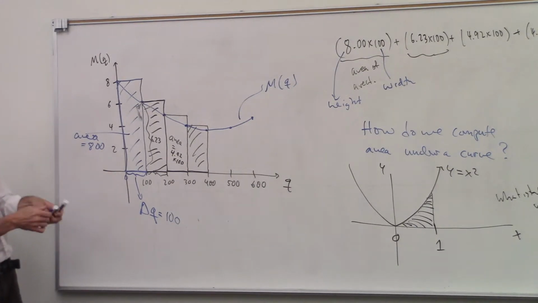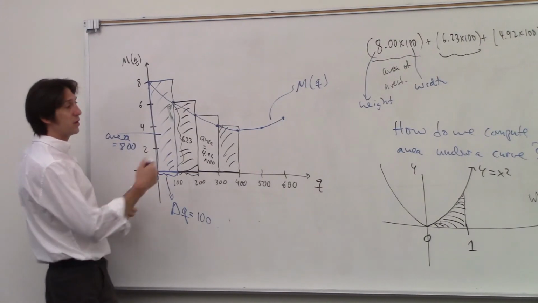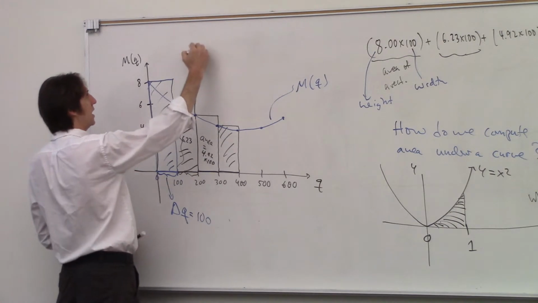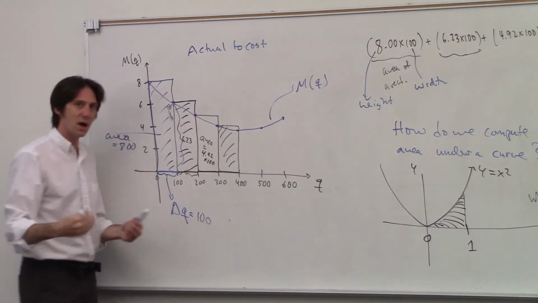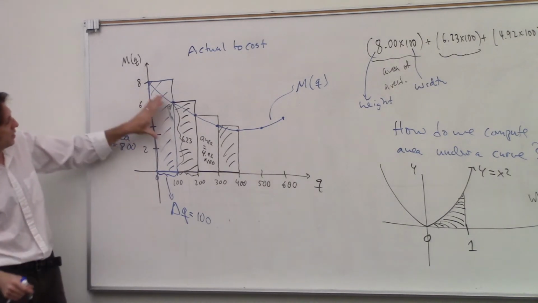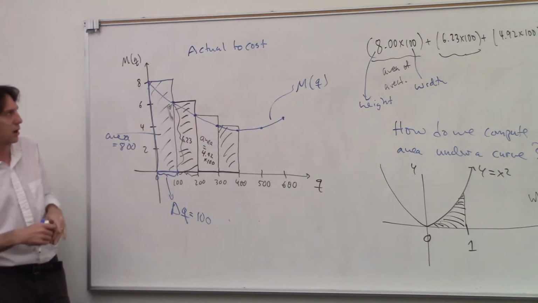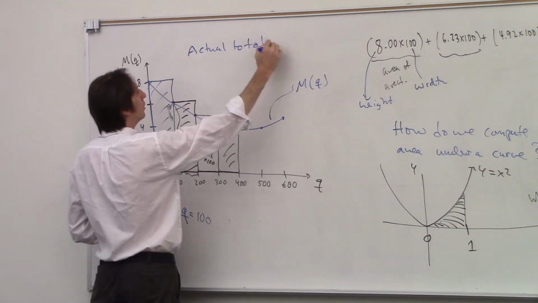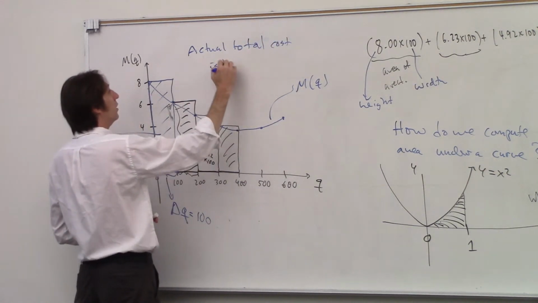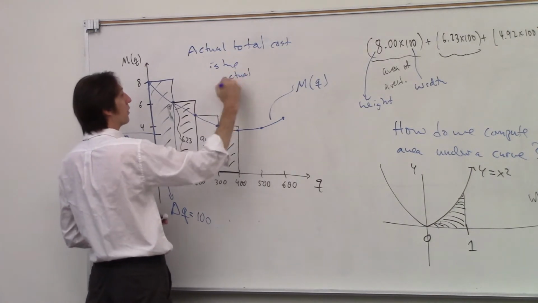And it can be shown, and they talk about this in the text, that the actual total cost, not the approximate cost, the approximate cost is the sum of these rectangular areas, but the actual total cost is the actual area under the curve.